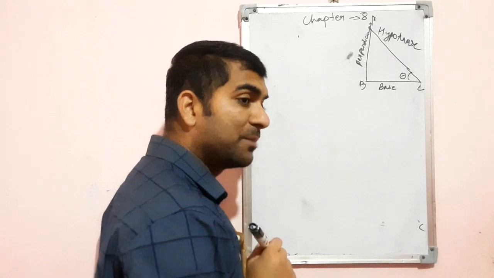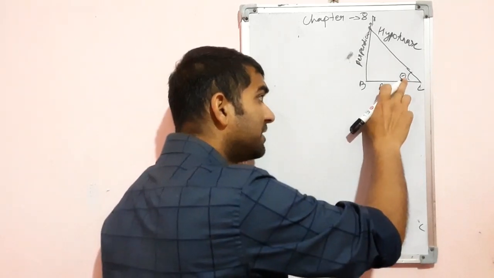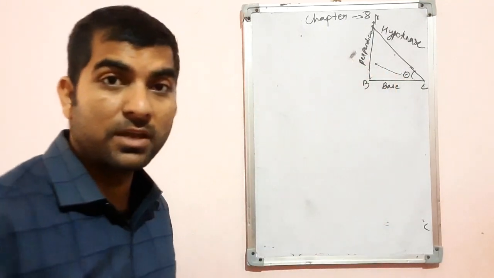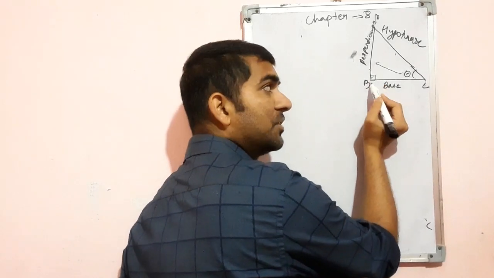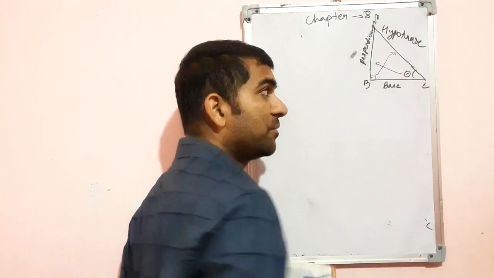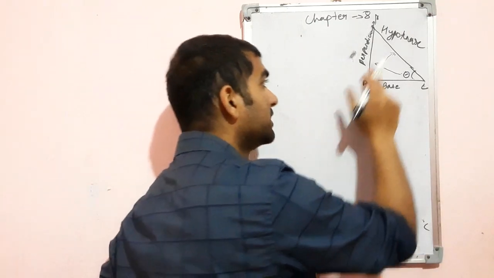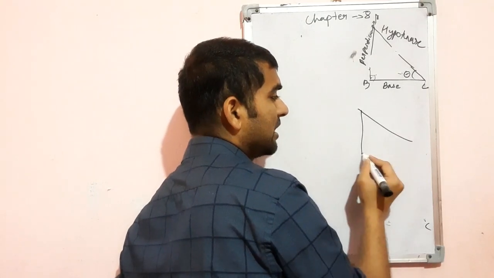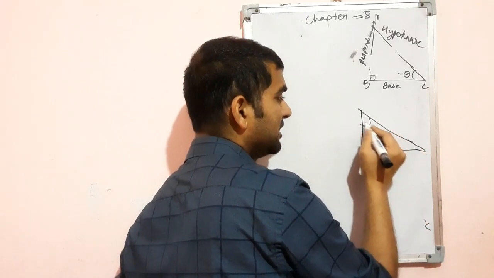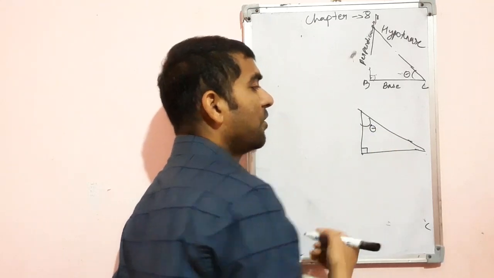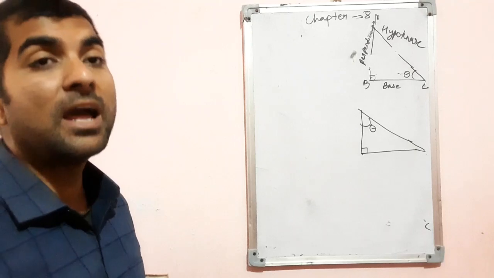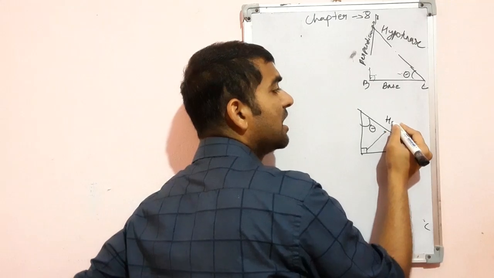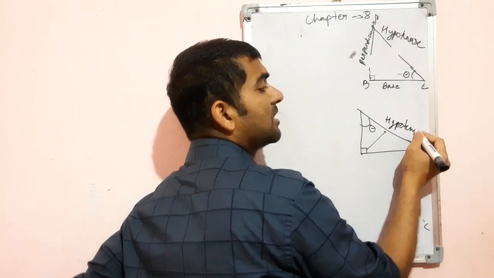Here you have to understand one thing nicely. The side opposite to theta is always the perpendicular, and the side opposite to the right angle, the 90 degree angle, is the hypotenuse. Suppose we have one more right angle triangle with theta marked.